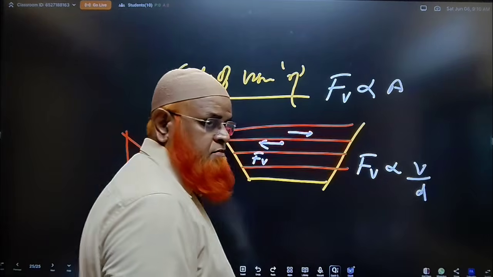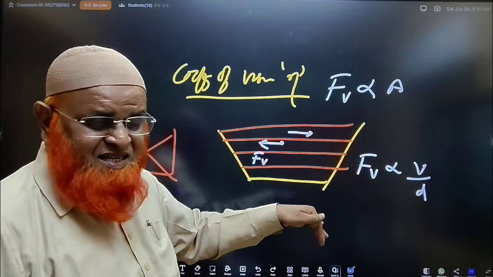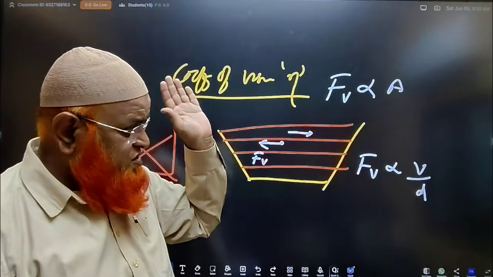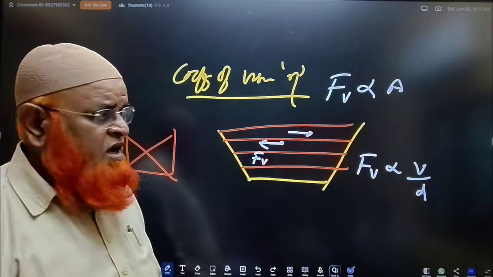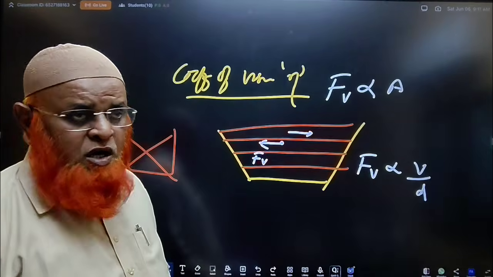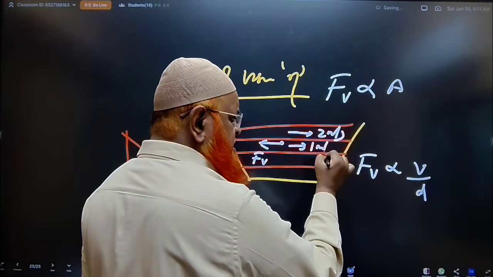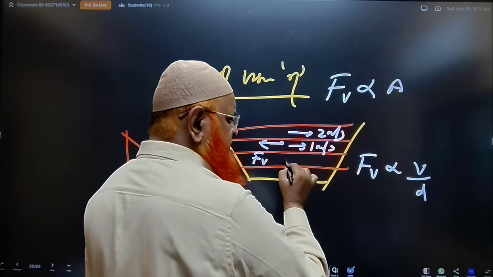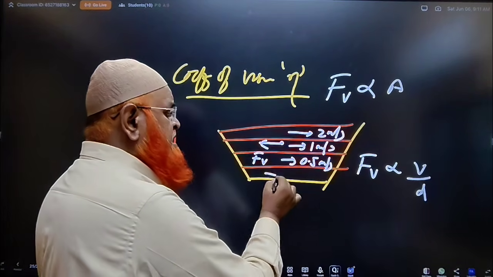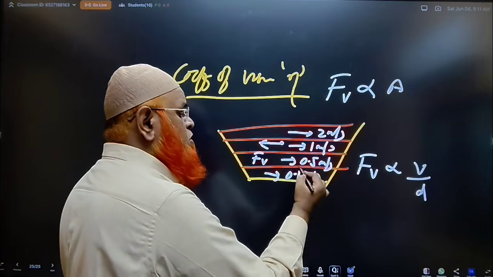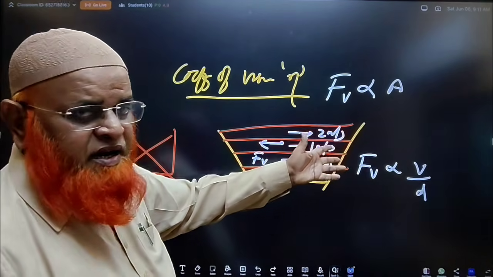Velocity with respect to depth means what? Velocity decreases as you go down. If the upper layer moves with a speed of 2 meters per second, the lower layer will move with lesser speed, 0.5 meters per second. Still lower, the layer will move with a speed of 0.1 meter per second. As you go deep, velocity decreases.